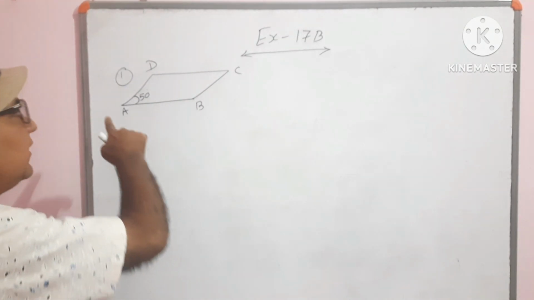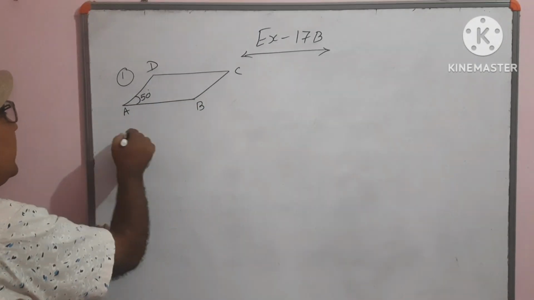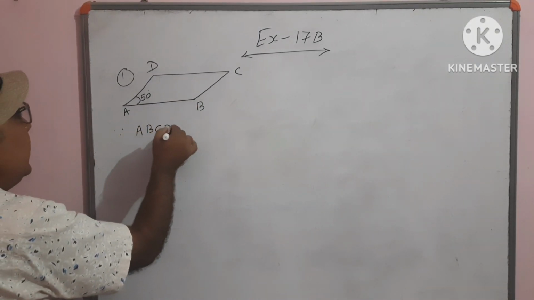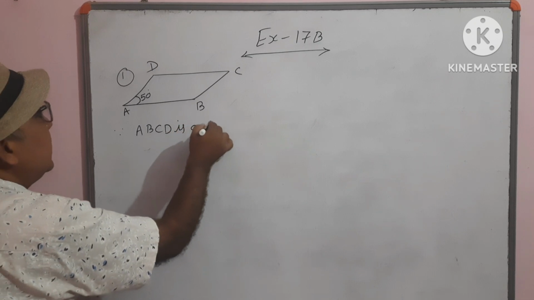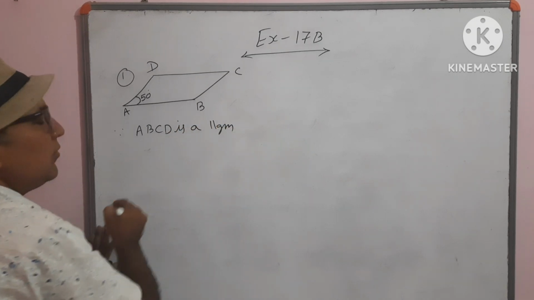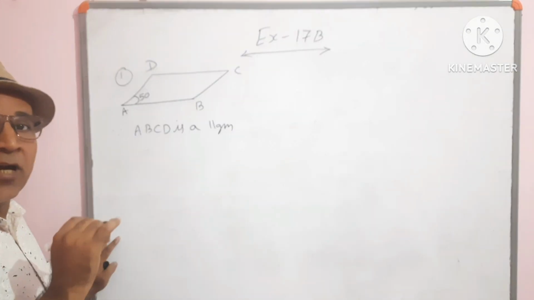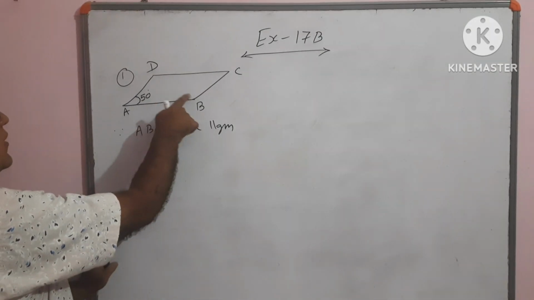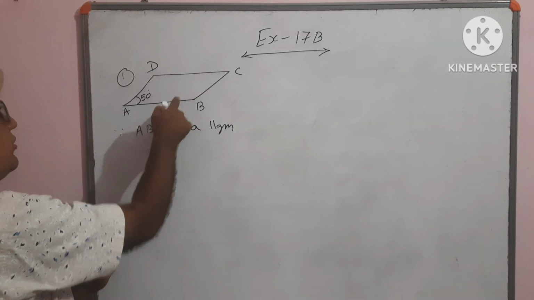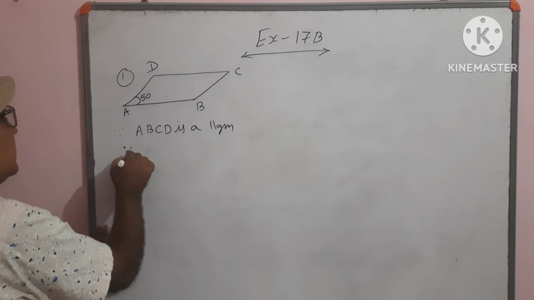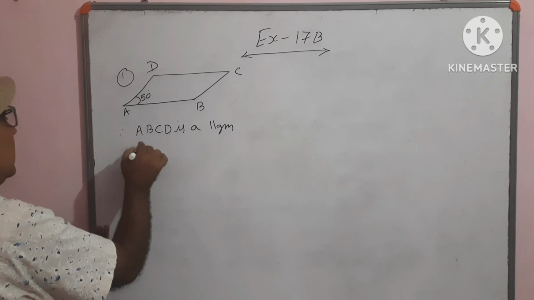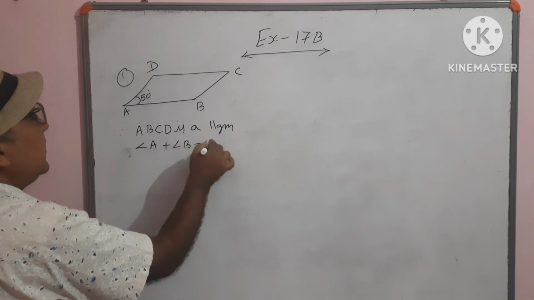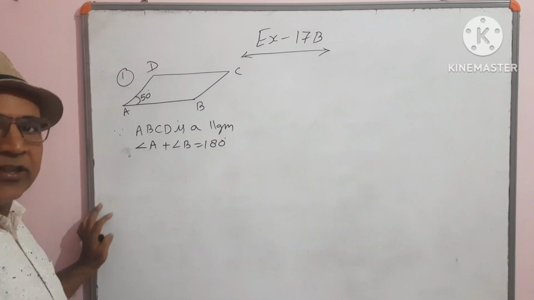It is given that ABCD is a parallelogram. We know the property of a parallelogram that adjacent angles are supplementary. That means angle A plus angle B is equal to 180 degrees.